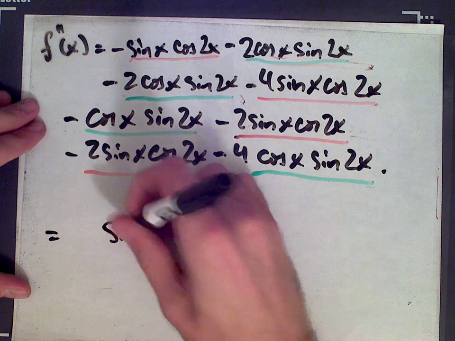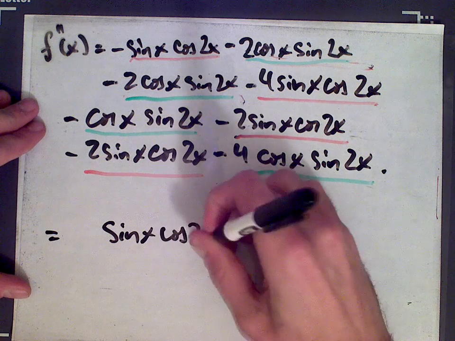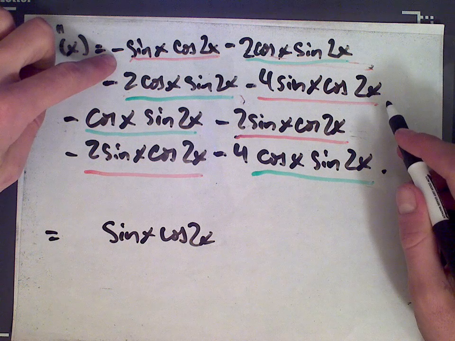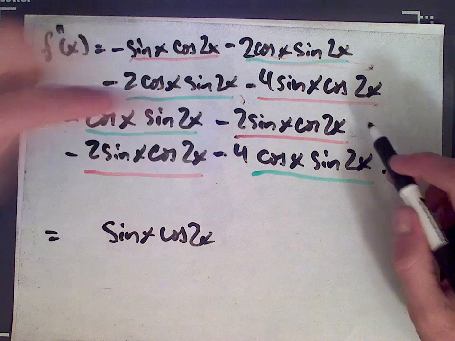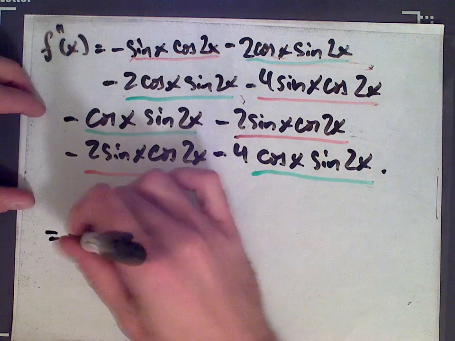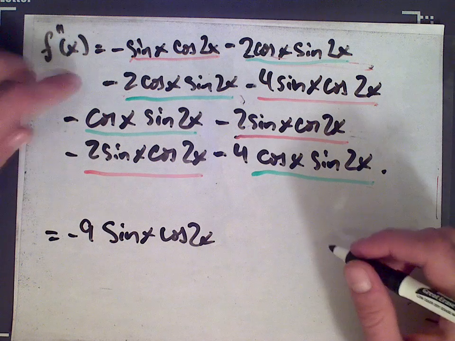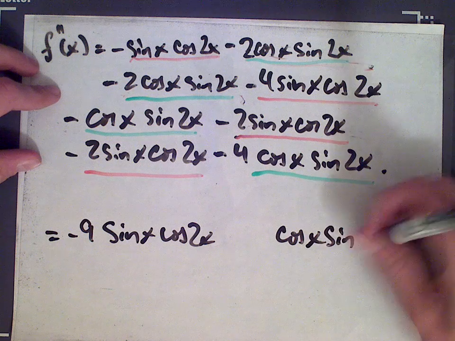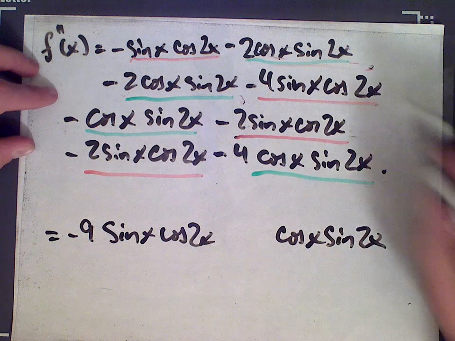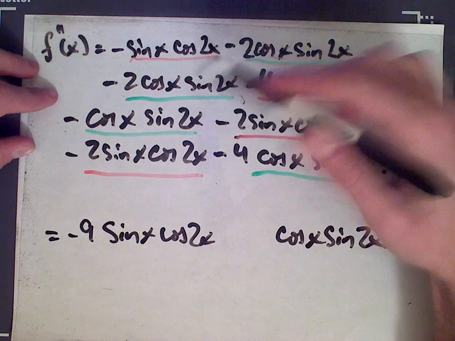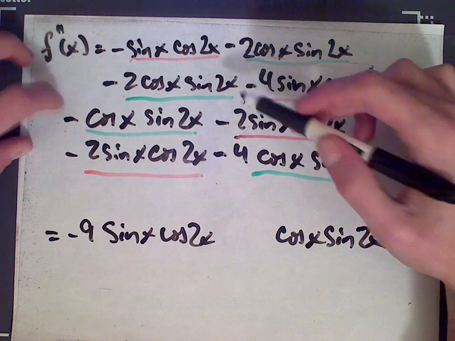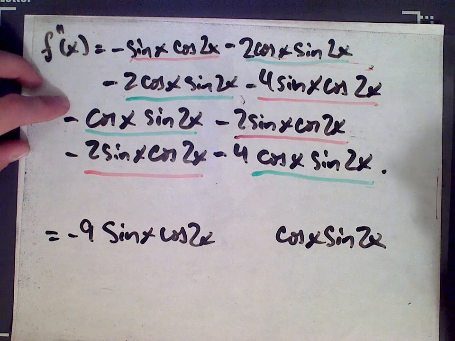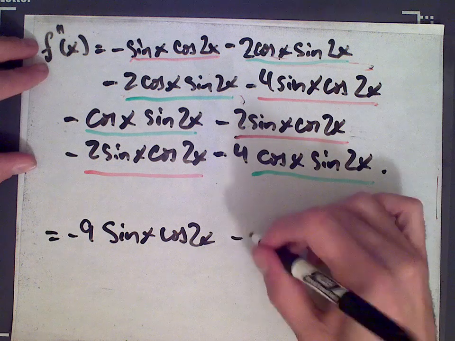So for sine x cos 2x, what do we have? Negative 1 minus 4 is negative 5. Minus 2 is negative 7, and minus another 2 is negative 9. Okay, and the same thing for cos x sine 2x. We have negative 2, minus 2 is negative 4, minus 1 is negative 5, minus 4 is negative 9.